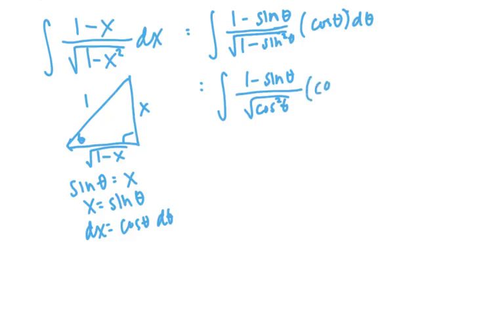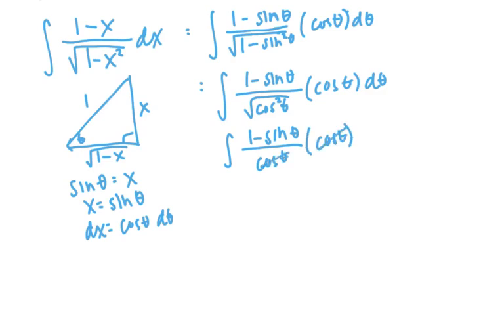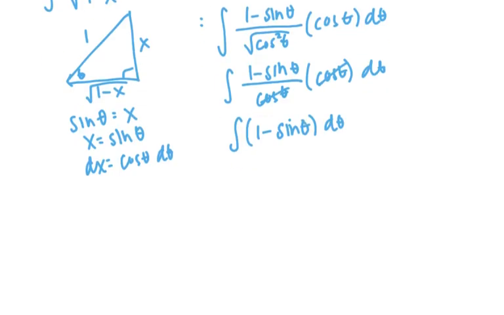This is not a bad problem. Cosine theta d theta. So we have 1 minus sine theta, and then we have cosine theta here and cosine theta here, so they're going to cancel. So we have the integration of 1 minus sine theta d theta. So the integration of 1 is just theta, minus the integration of sine, which is negative cosine theta, plus c.